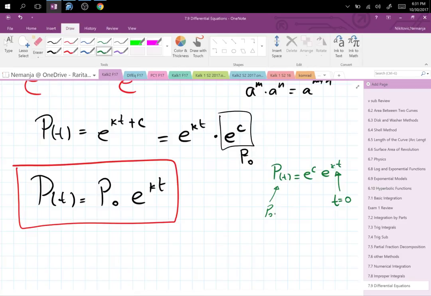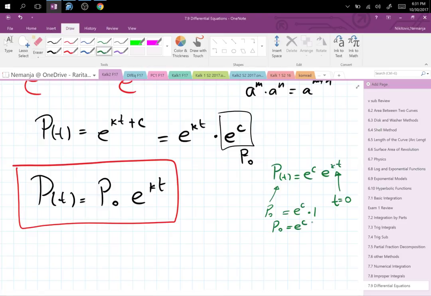And then you realize that P0 is equal to e to the c times, right, e to the 0 is 1. So you see from here that P0 is e to the c, which I didn't define as, right?